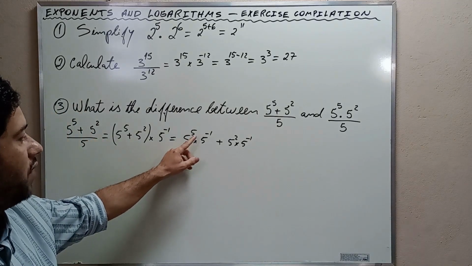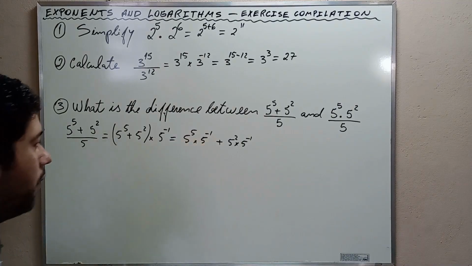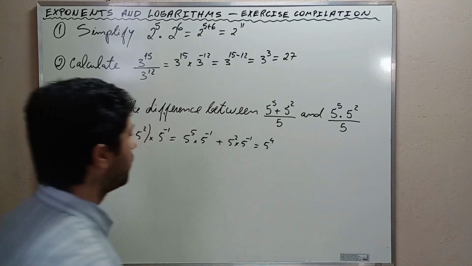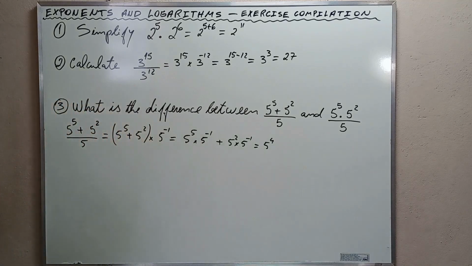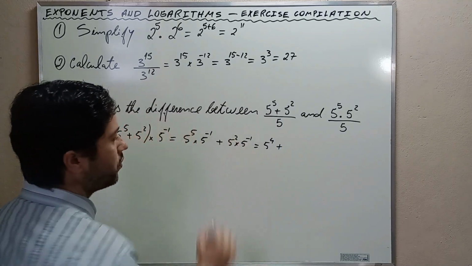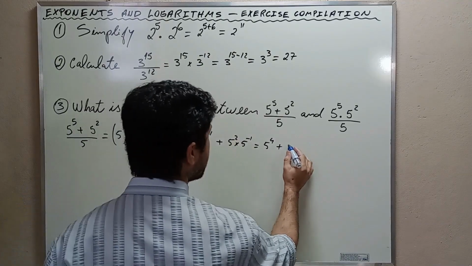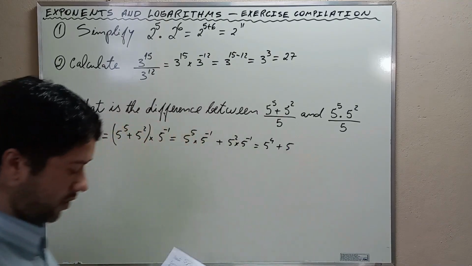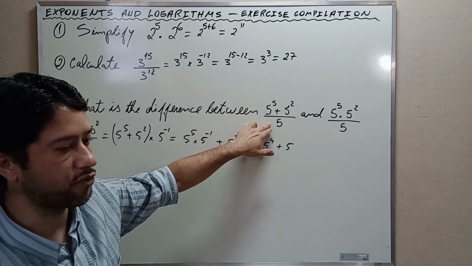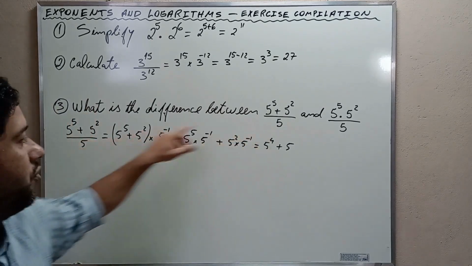And here 5 minus 1 is 4, so 5 to the 4th, plus 2 minus 1 is 1, simply 5. And this is the solution of this. We have simplified this into this.